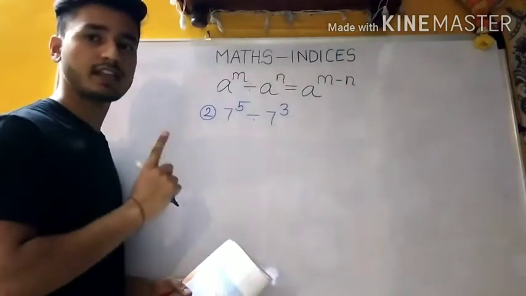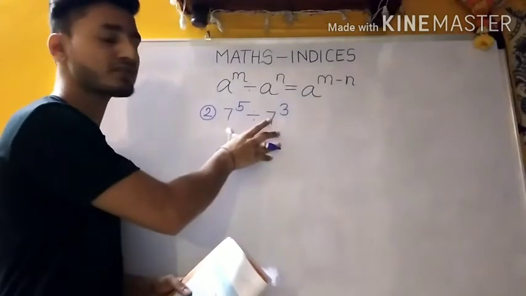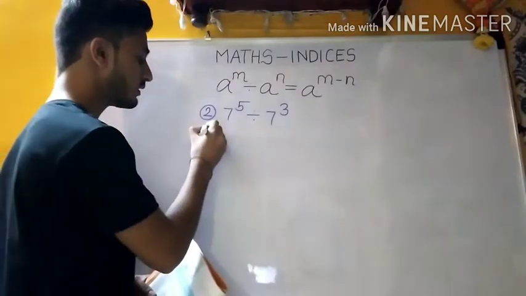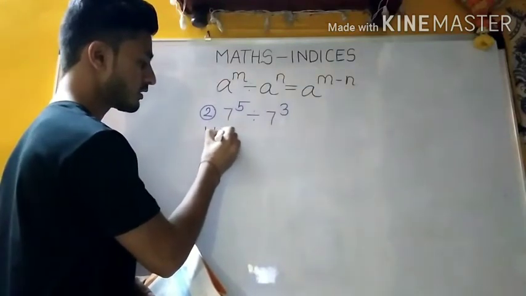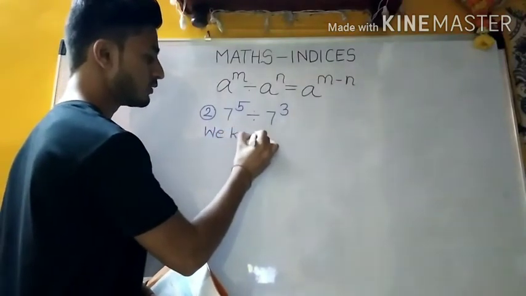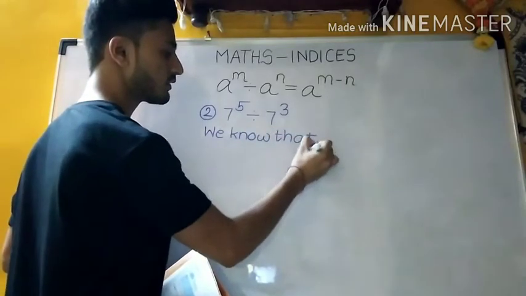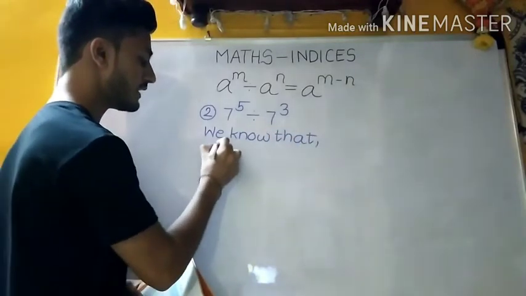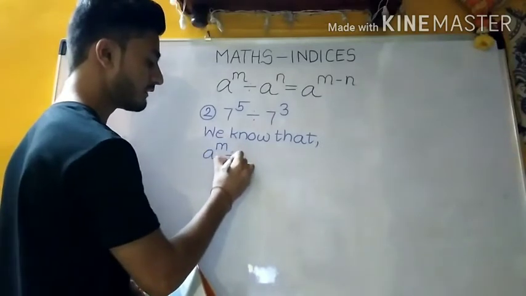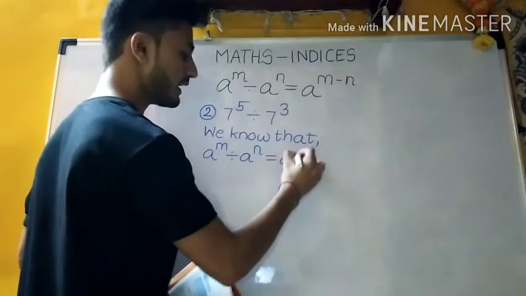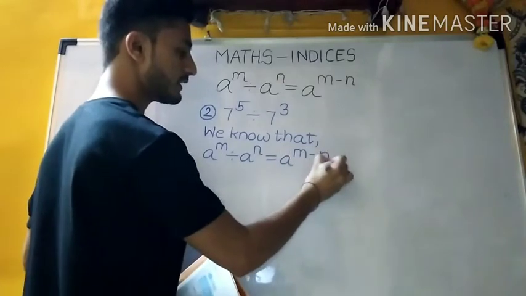So this is our case number 1. We are going to solve this sum with the help of case number 1. So we'll write the law, that is, we know that a raised to the power m divided by a raised to the power n is equal to a raised to the power m minus n.